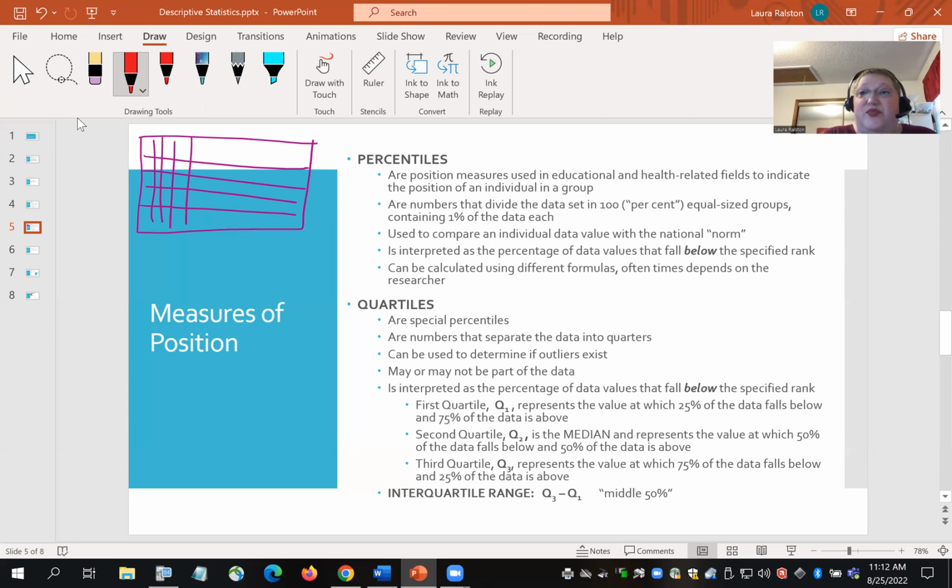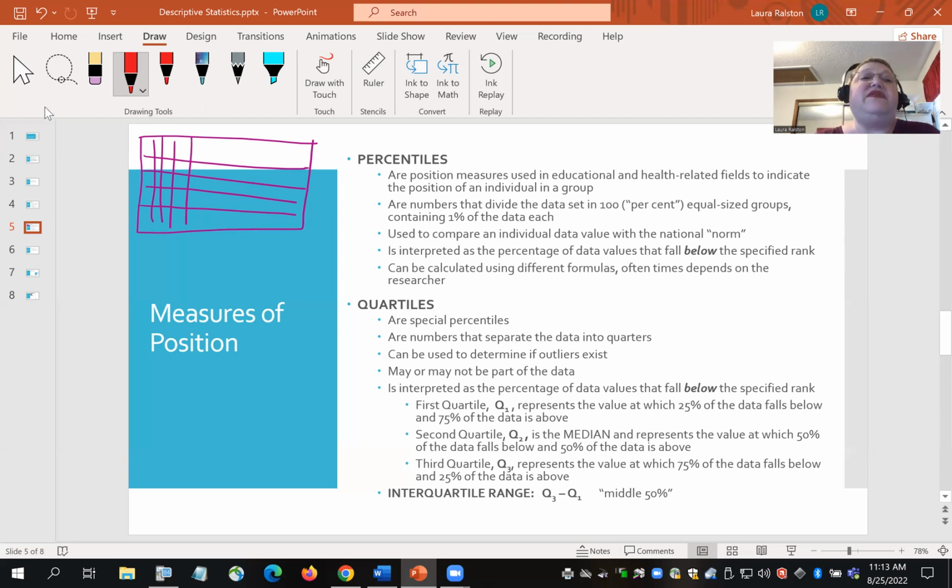How did your child perform in comparison to all of the other students at her school, or all of the other students in the state of Georgia, or all of the other students in the United States who took the test? So it allows you to compare how one individual data value compares to the rest of the data set or the rest of the population.